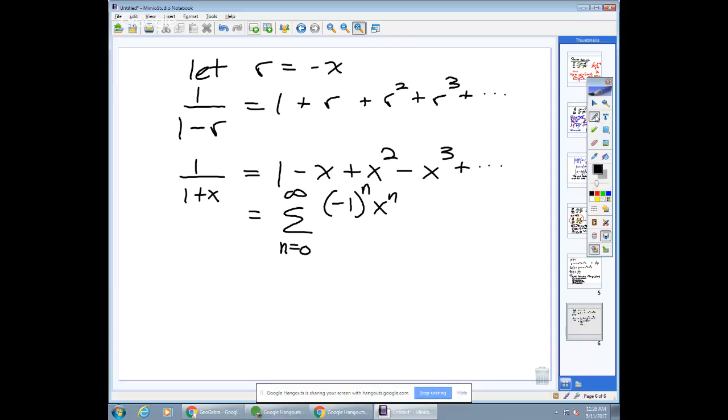I could then take this series and I could apply another one. Let's use y as my variable. Let y equal x minus 1. I want to let x equal y minus 1. Sorry, I wrote that backwards.